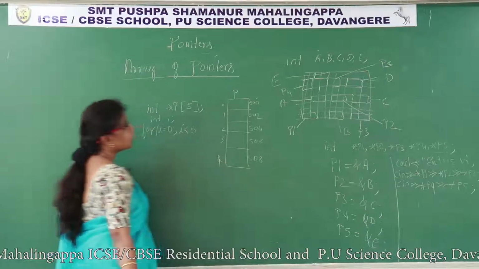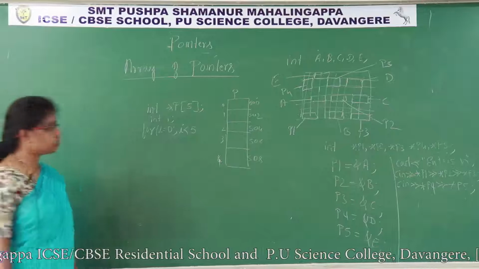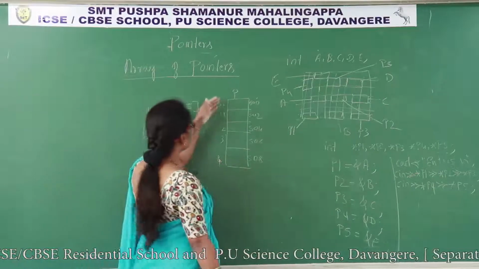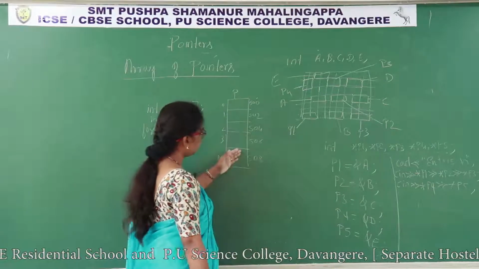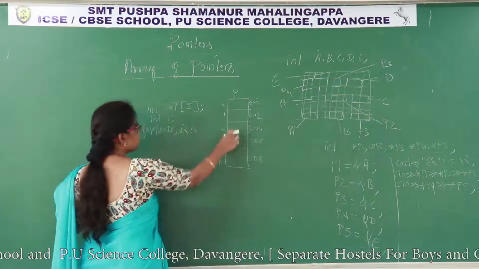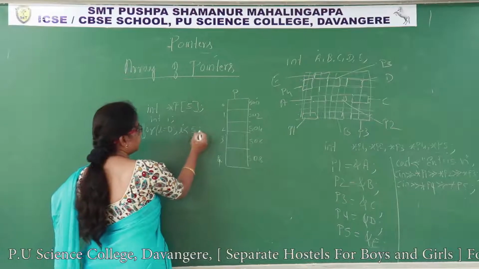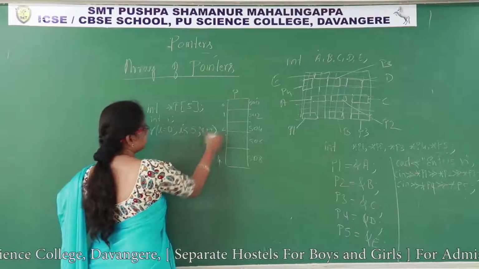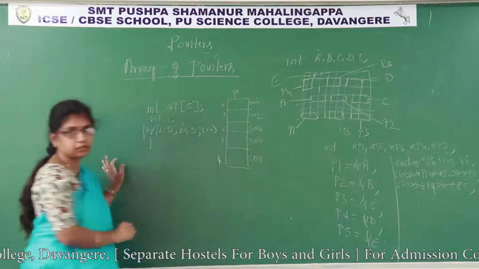How many variables address you want to store? 5 variables address. So the size of array also 5. From here to here I have to store. How many memory locations? 5 memory locations. So I have taken 5 here. i plus plus, open flower bracket.